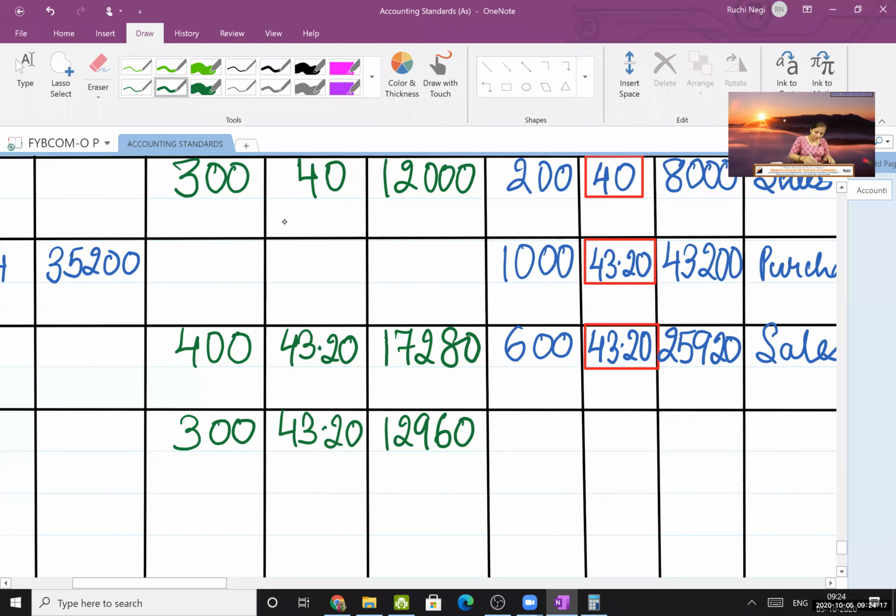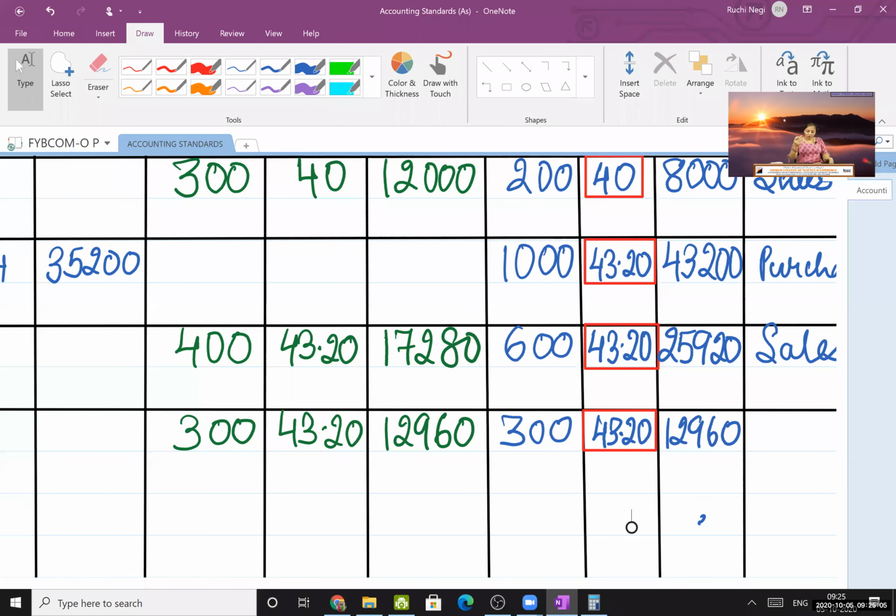Divide this and you get the weighted average rate, 43.2. That's it. For the weighted average rate column, I box the rate. Why? So that it is highlighted to you, that it's the weighted average cost at which you will sell.